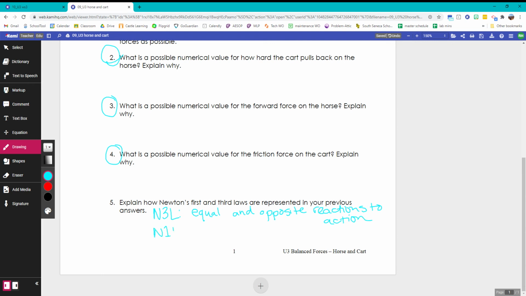And Newton's first law is inertia, and that if the forces are balanced, it's not accelerating, and if the forces are unbalanced, it's accelerating. So acceleration means forces aren't balanced.